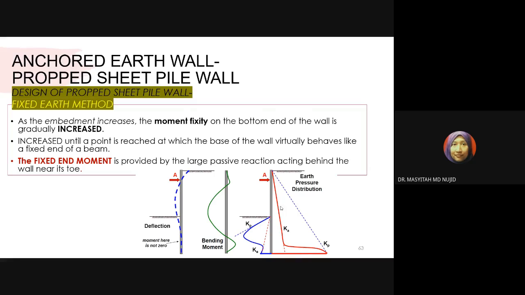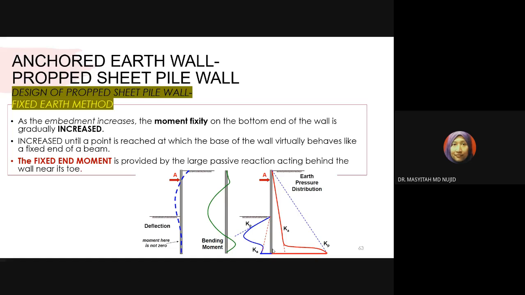So, as we compared with the previous free earth method, there is no passive pressure developed behind the wall. However, in the fixed end method, because the wall has reached the maximum depth, to the hard layer of the soil, it creates a zone of passive pressure near the toe of the wall.